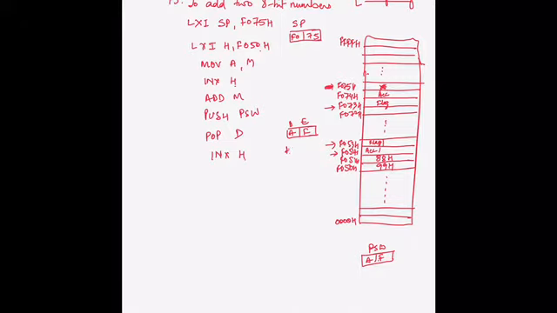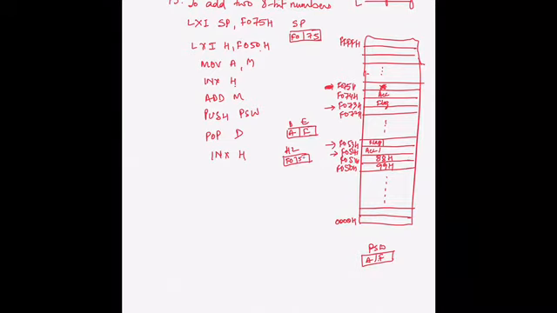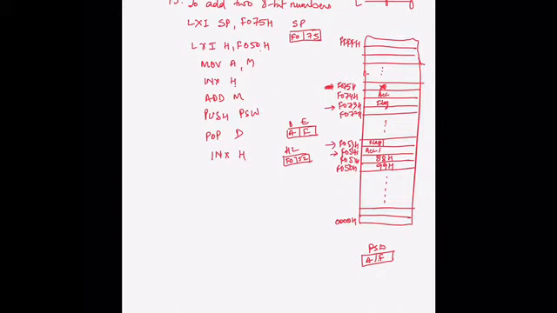If I increment here again, my HL pair will become F052. Then I'll move, because in F052 I want my accumulator. The accumulator is there in the D register. So whatever is in the D register, I'll move into M.